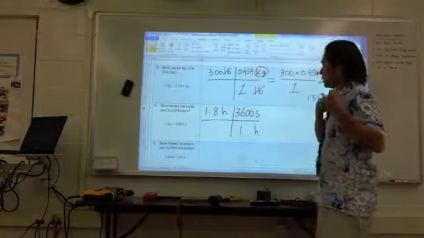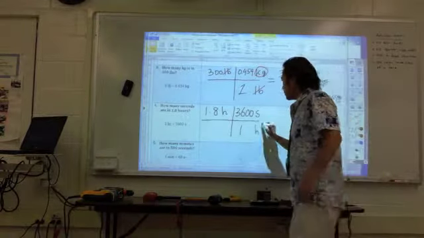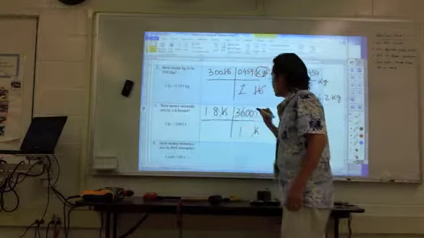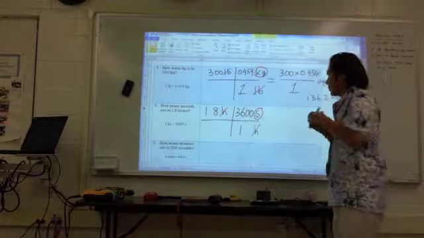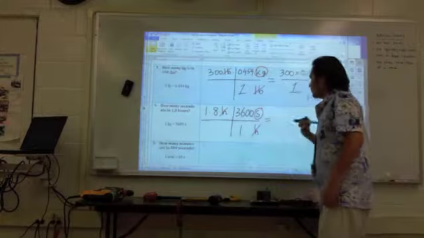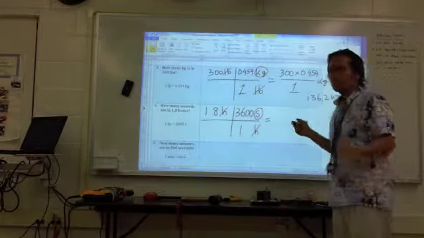Okay, cross out like units upstairs and downstairs. Identify what units are left. And okay, collect all the numbers.